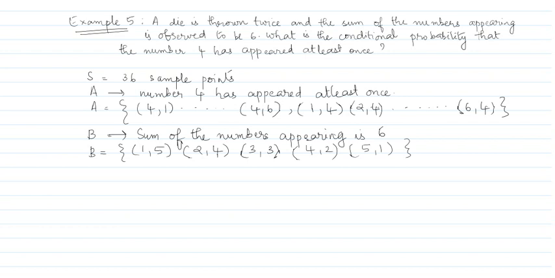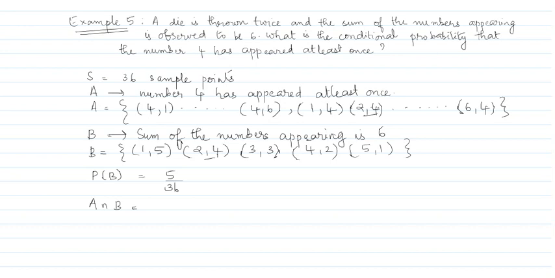Now what is P of B? P of B is nothing but 5 out of 36. Why? Only 5 outcomes in the sample space are favorable for the event B. Now, is there something in the sample space which favors both A and B? Is there something common? Yes, of course. I do have a 2, 4 here and I have a 2, 4 here.